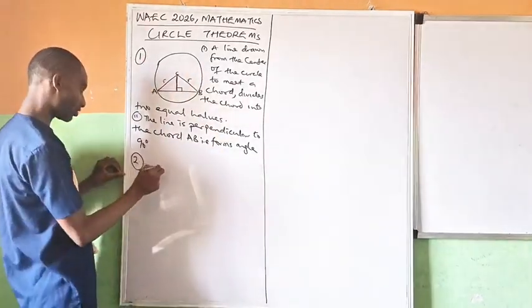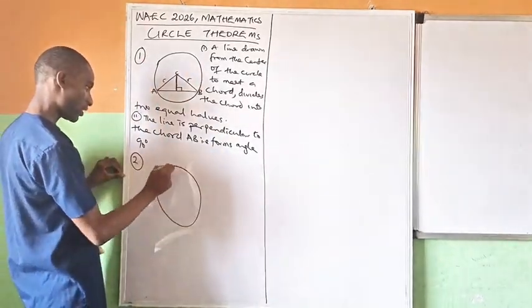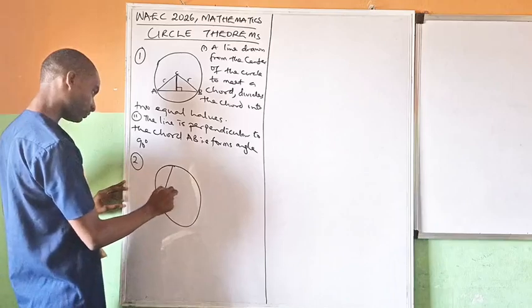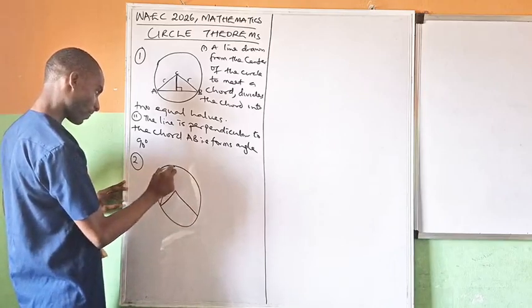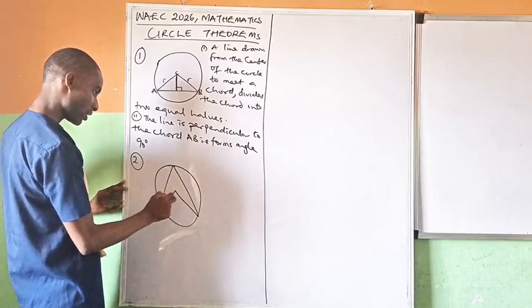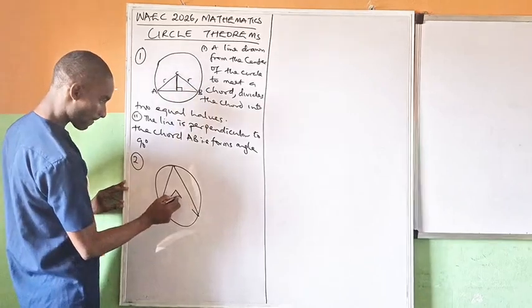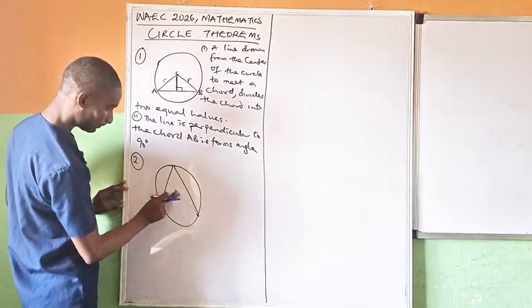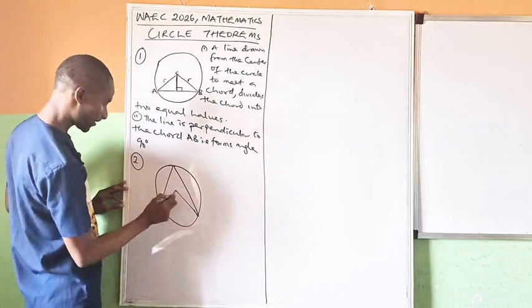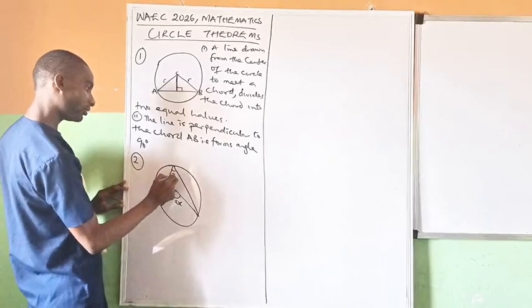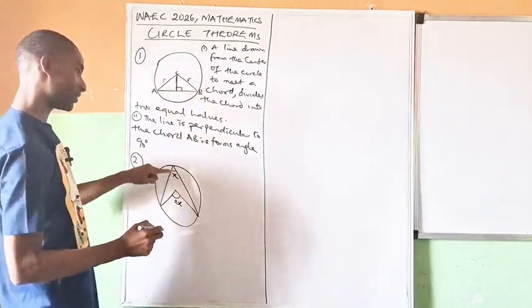So this was theorem 1. Theorem 2 says that if I have a circle and then I have this, the angle here is twice the angle at the circumference.